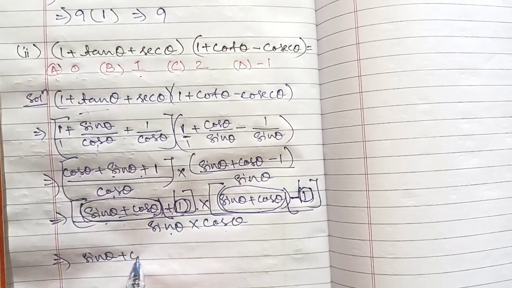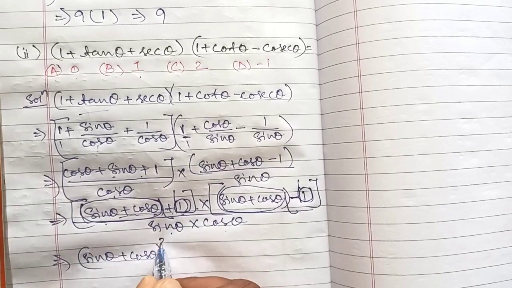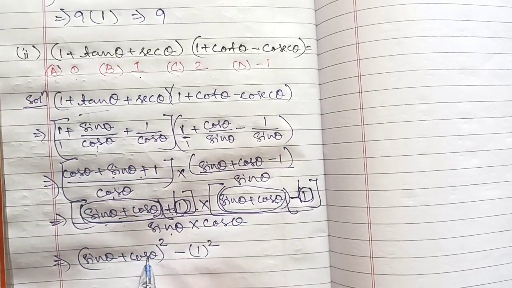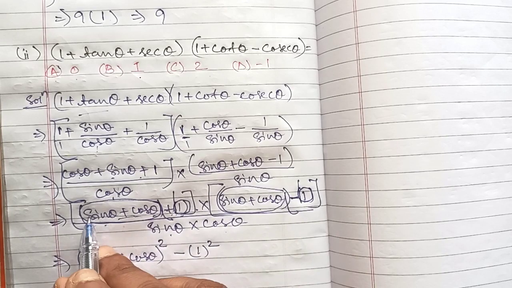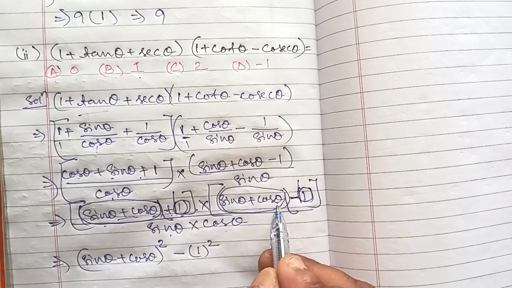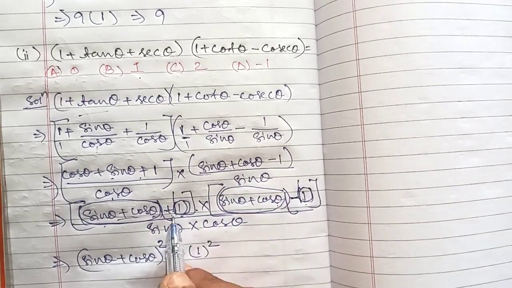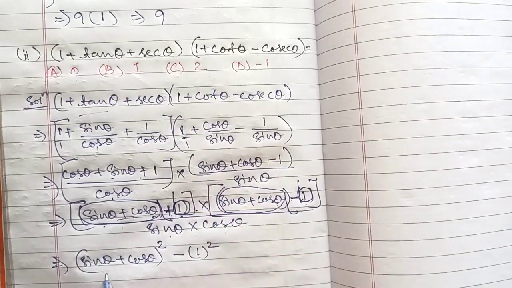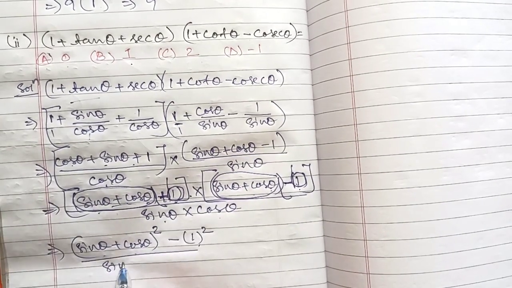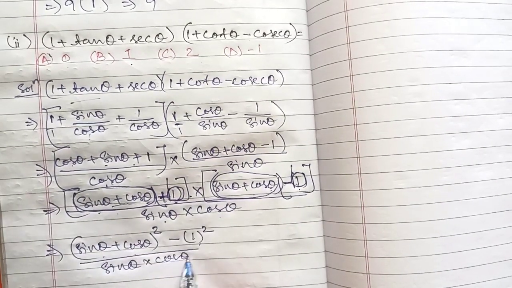A is sin theta plus cos theta, B is 1. You can see here sin theta plus cos theta is A, 1 is B. As in the middle there are plus and minus signs, it is the A square minus B square formula. In the denominator it is as it is, sin theta into cos theta.